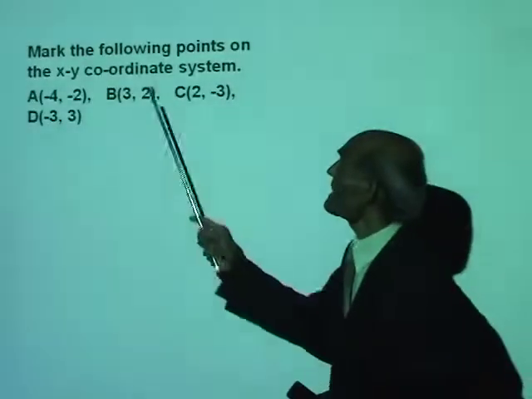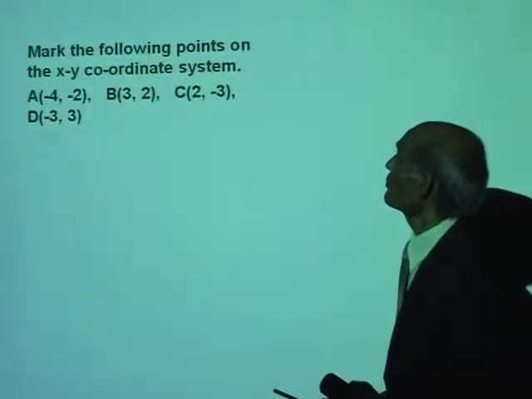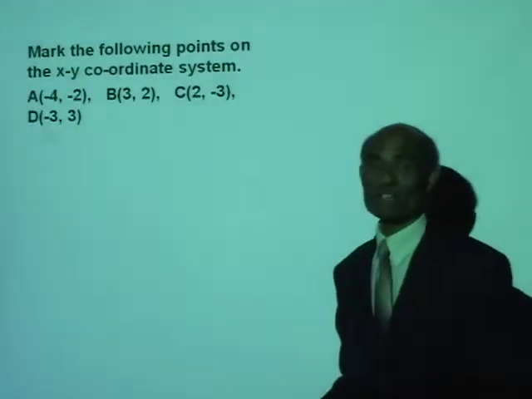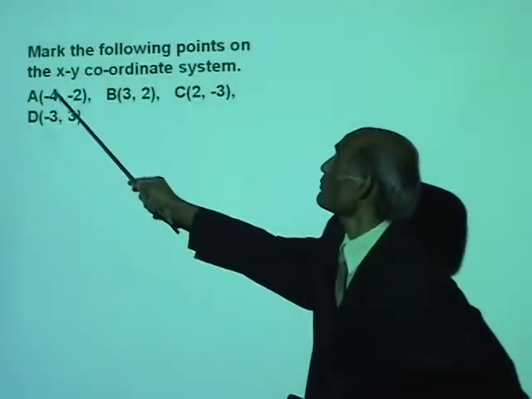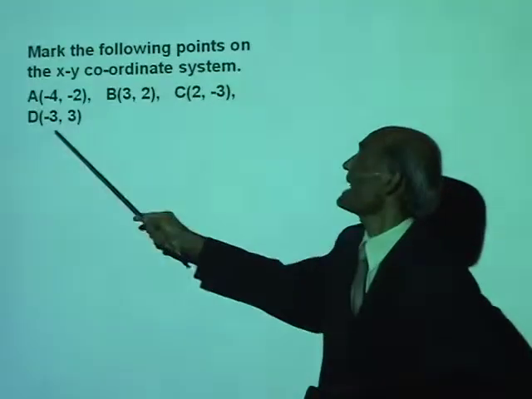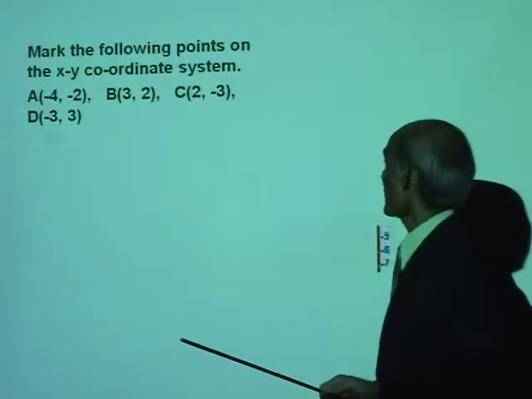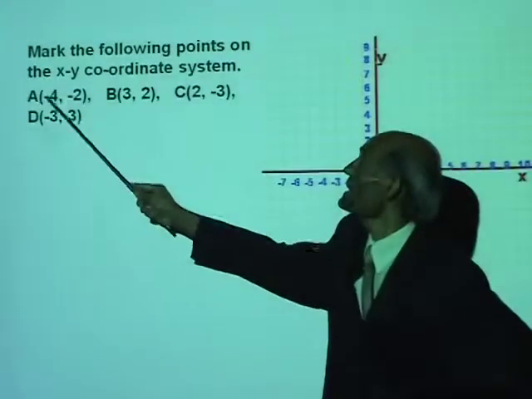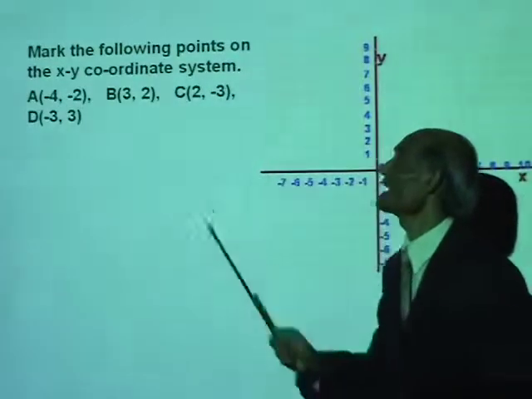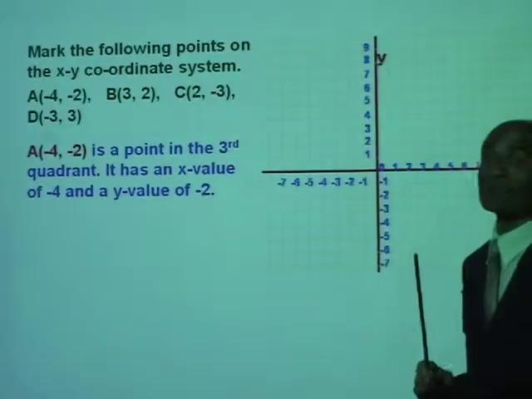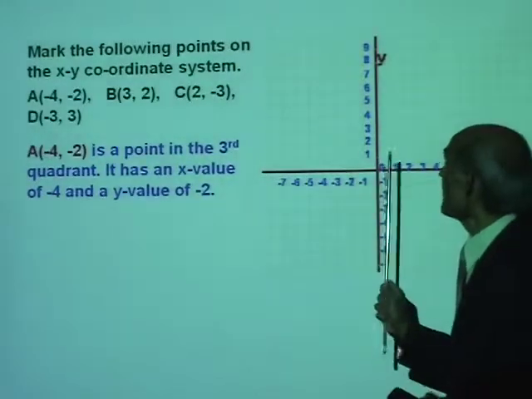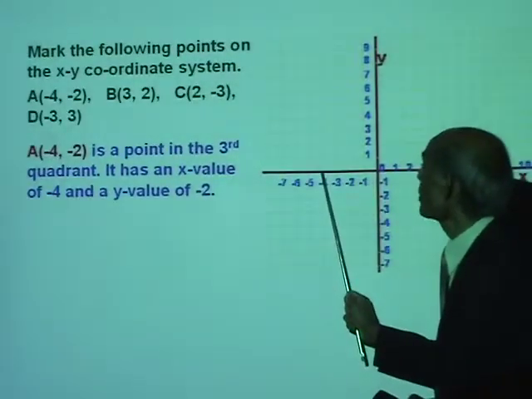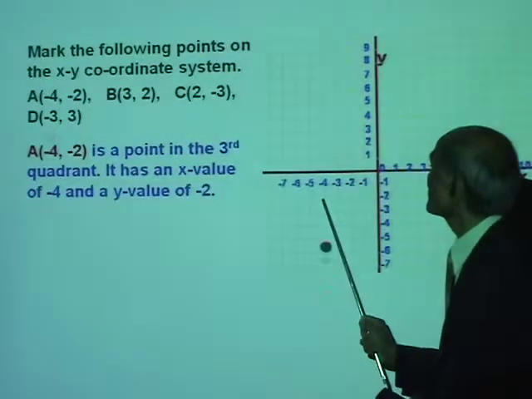Okay. Let's now mark these points on the Cartesian coordinate system. I have given you points A, B, C, and D. Alright, let's mark these on the Cartesian coordinate system. Point A is negative 4, negative 2. Where is that point? Can you locate that? X equal to negative 4, Y equal to negative 2.